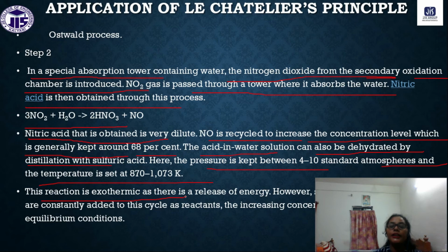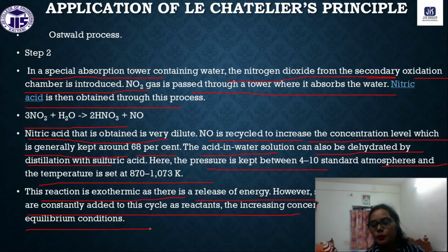That means if we apply heat, the backward reaction will take place. The rate of the backward reaction will increase, energy is released and is constantly added to the cycle as reactant, shifting the equilibrium condition. So this is the step 2 process.